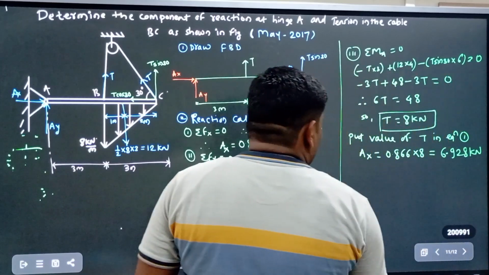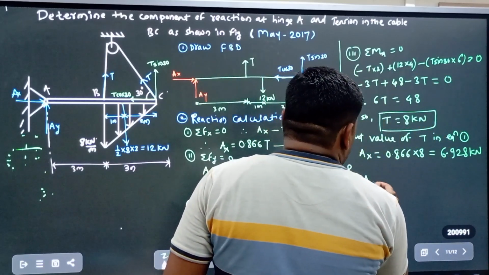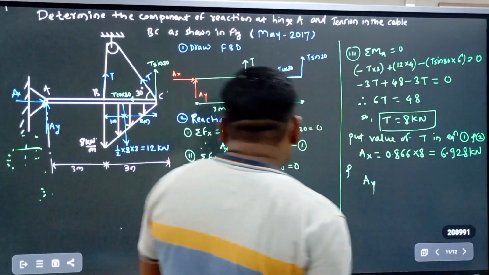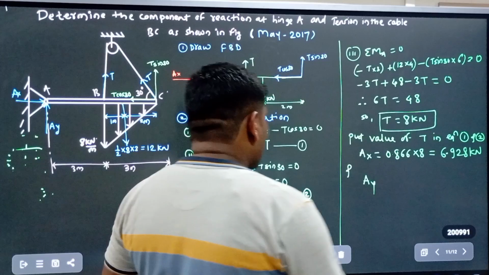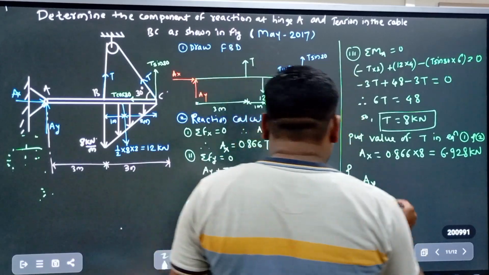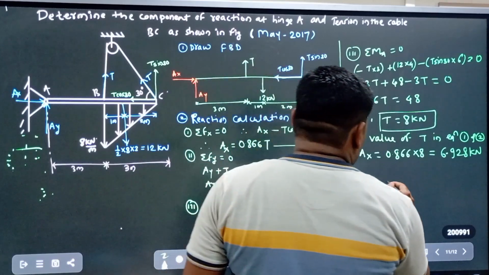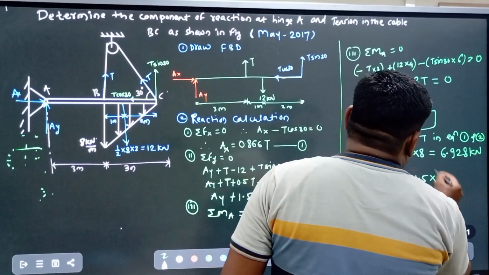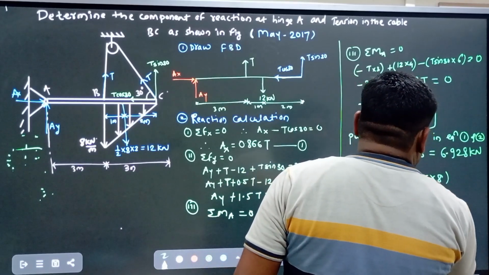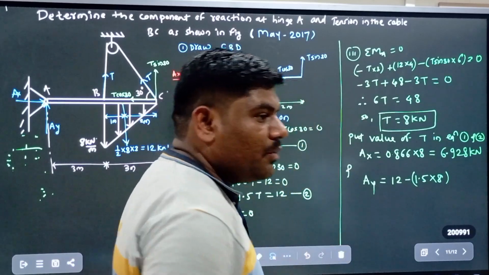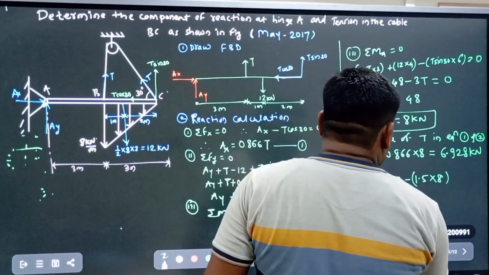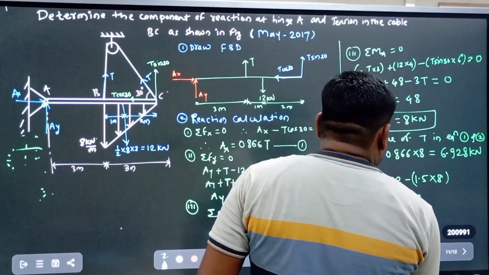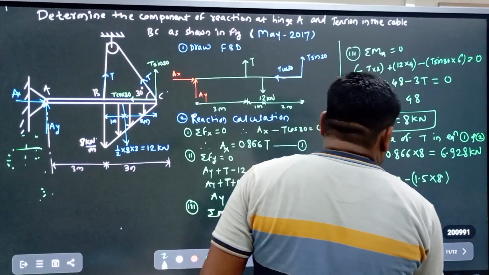And AY from equation 2 is AY plus 1.5T minus 12. So AY is equal to 12 minus 1.5 into T. T is 8, so 12 minus 12, that value comes to 0. AY is equal to 0.